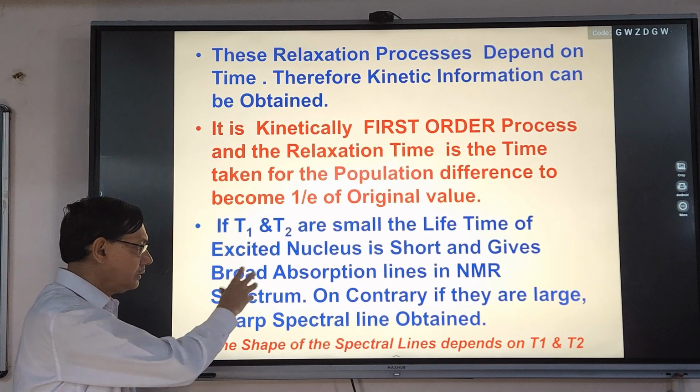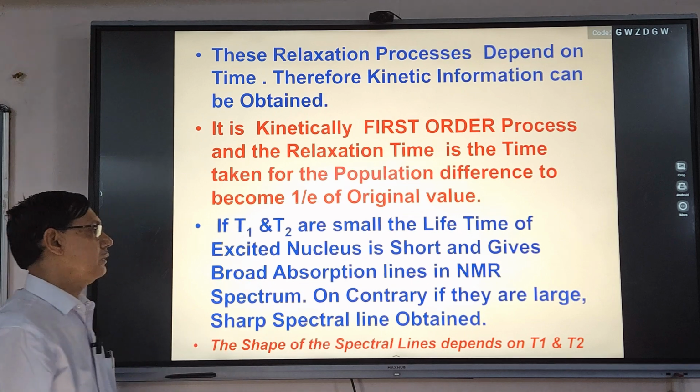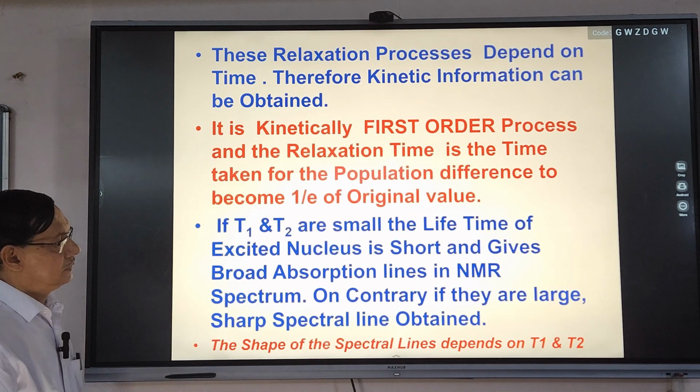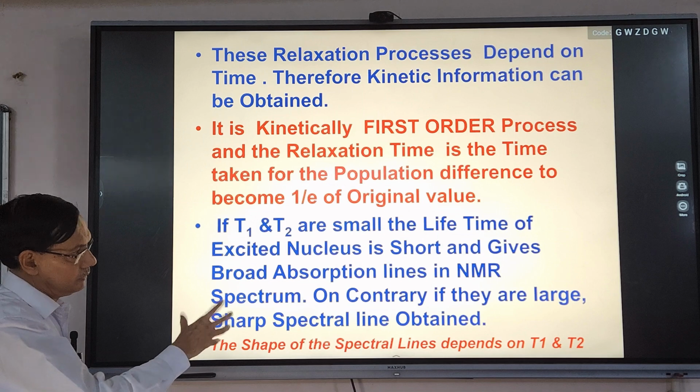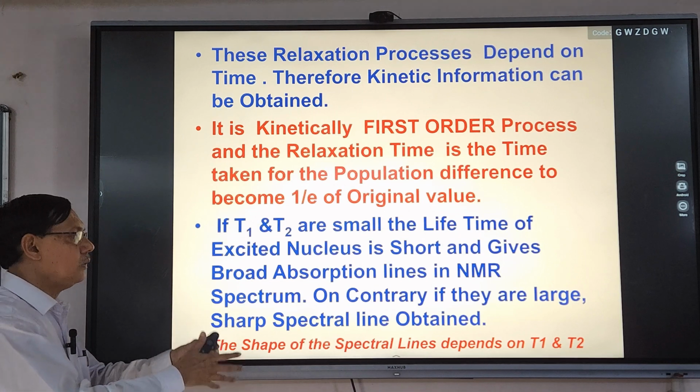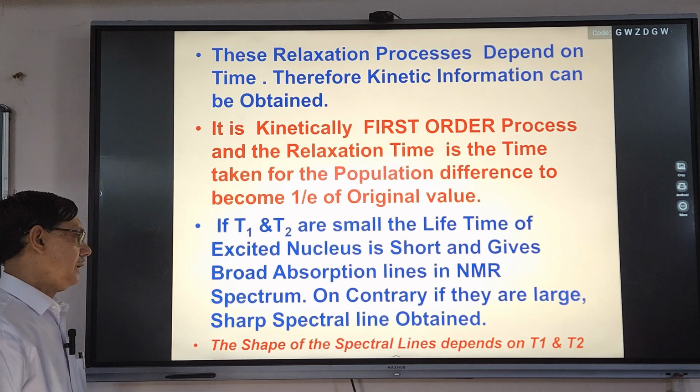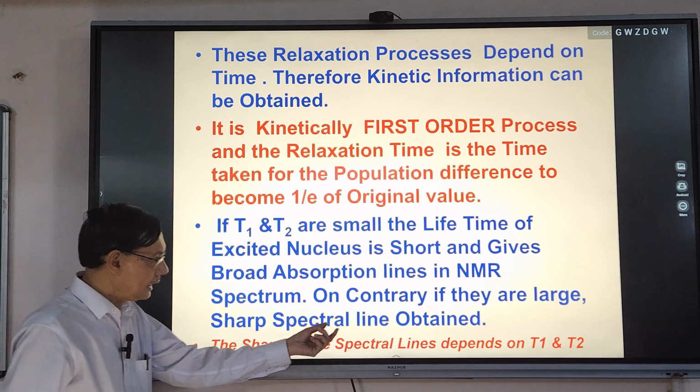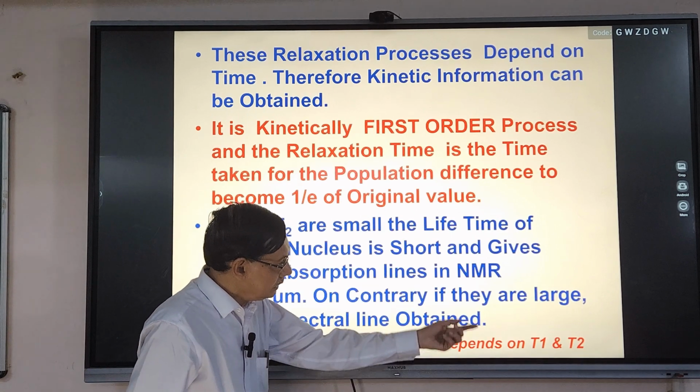On the basis of T1 and T2, you can predict the nature of the conformation, whether there is slow exchange or fast exchange. And of course, the shape of the spectral lines depends on T1 and T2.